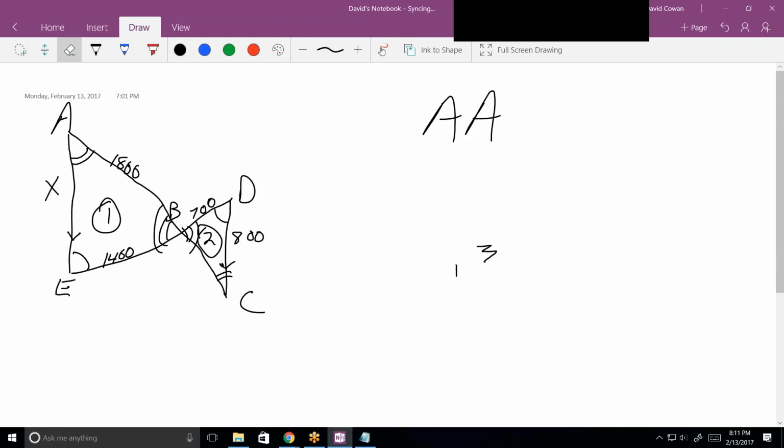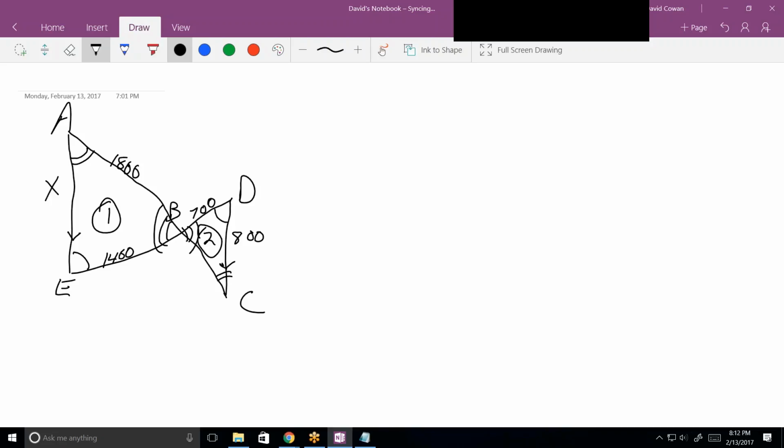So we knew that all along, that that one's equal to that one. Once they told us D was equal to E, now we know that A has to be equal to C. That makes them similar triangles. What's the similarity ratio? I remember doing this.